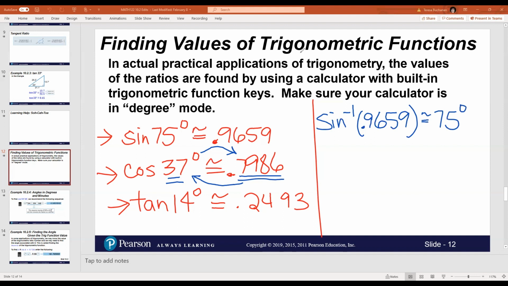So we can go backwards here. If we know the given ratio, we can find the angle.